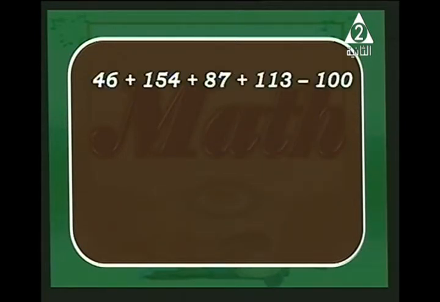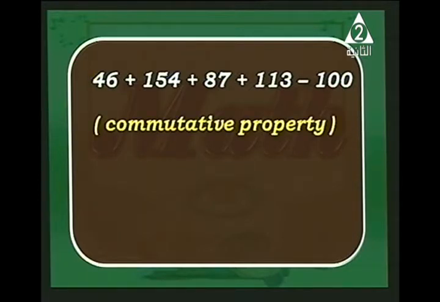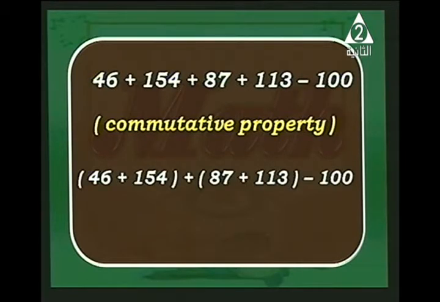You are going to notice that we try to add 46 plus 154, then plus 87 plus 113, then minus 100. And this property is called the commutative property. Then putting brackets as 46 plus 154 between brackets, plus 87 plus 113 between brackets, minus 100.